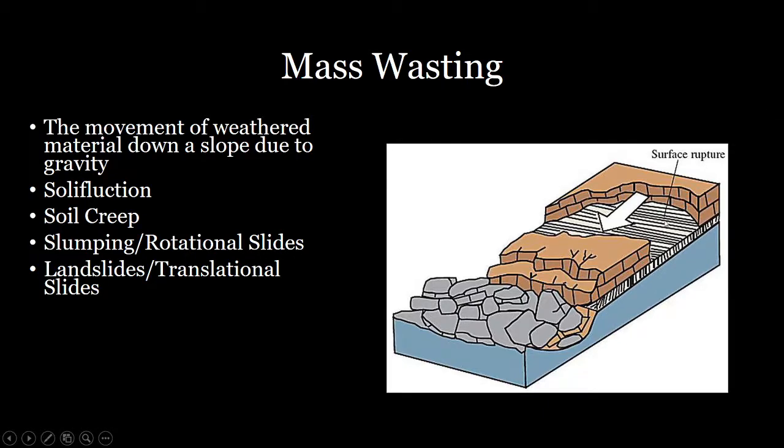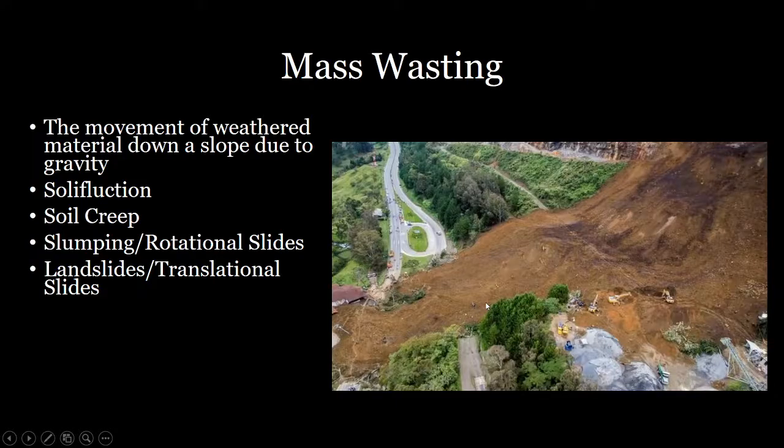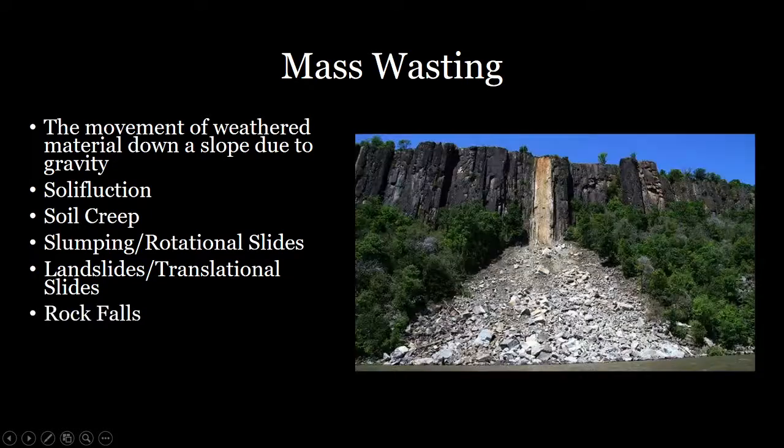So pretty straightforward. It's moving along this surface from this upper region down to this lower region. And we can see an example of this here, when all this rock that was up in this location just gets translated down into this region where it's now covering the road.